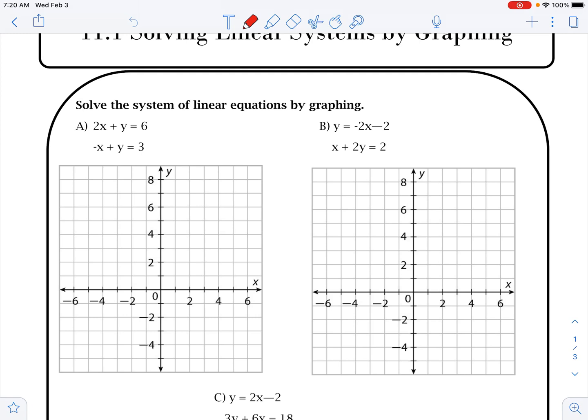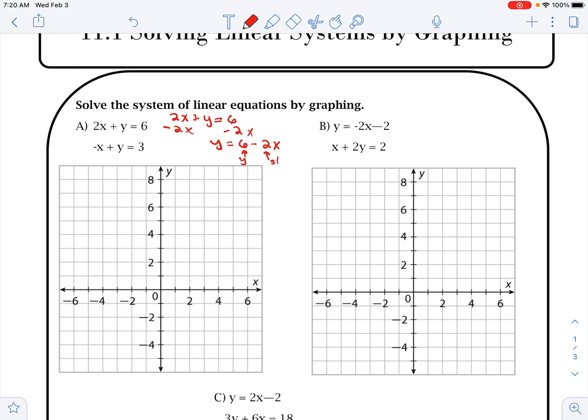So what we want to do is solve for y first. I look at this equation, 2x plus y equals 6. I'm going to subtract 2x from each side, and I get y is equal to 6 minus 2x. Then I graph my y-intercept, 6, and put a point.